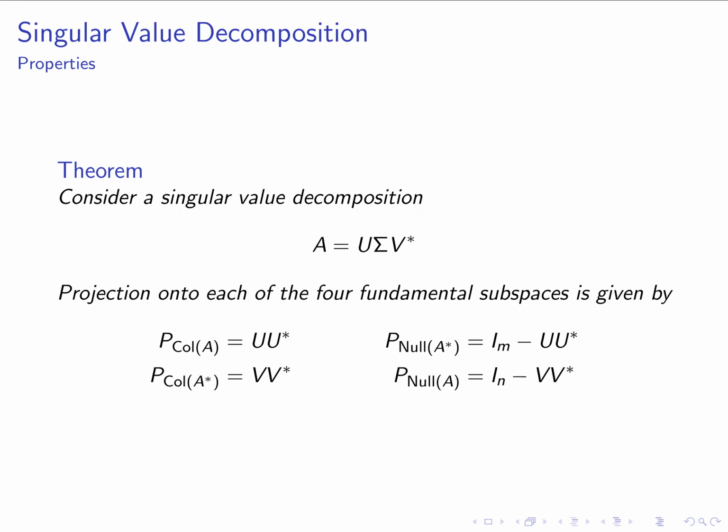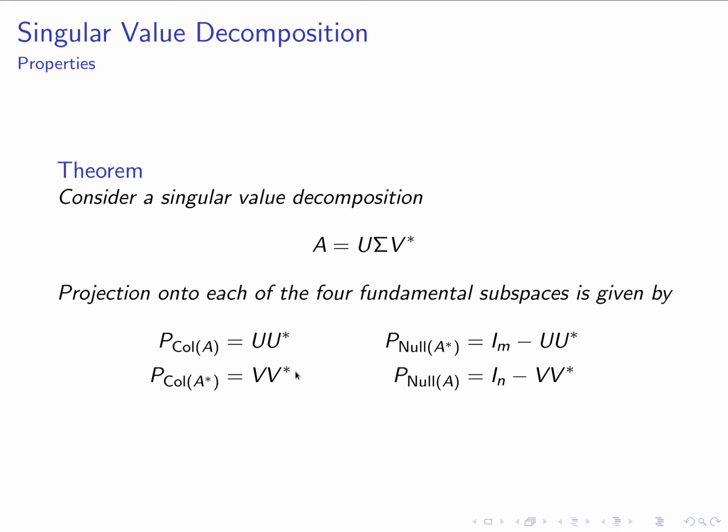We can also use singular value decomposition to solve projection problems onto any one of the four fundamental subspaces. Let's say we have a singular value decomposition, A equals U times sigma times V conjugate transpose. It turns out that we can project onto any one of the four fundamental subspaces using this data. Projection onto the column space of our matrix is given by U times U star. Projection onto the column space of A star is given by V times V star.